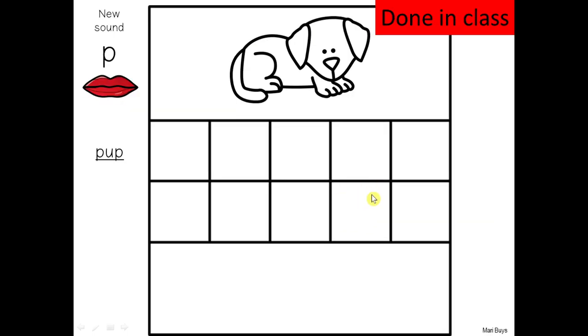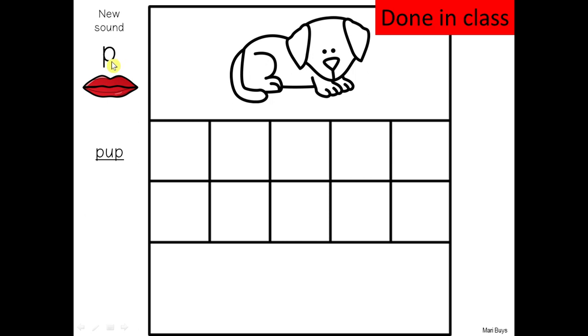Okay, so this is what the spelling words look like in class, how they do the processing. On the big whiteboard in front of the class, everybody sees this, and they go through the words one by one. Over here, the sound is p.